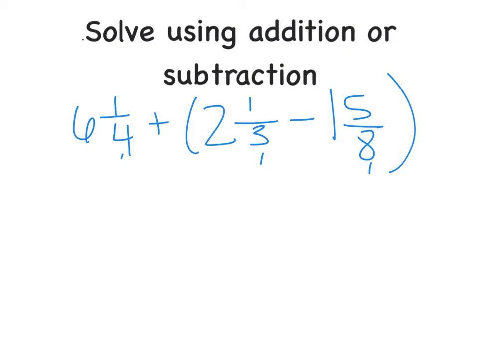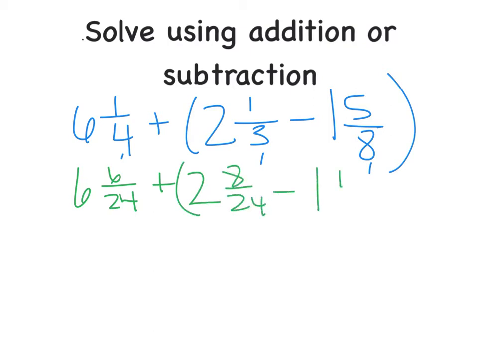So remember, when we did common multiples, we learned that you could do kind of a triple M to find a common multiple for 3 numbers. So you could use that strategy to help you find a common denominator. I know that a common denominator for 4, 3, and 8 is 24. So I'm going to go ahead and change all of these numbers into fractions that have 24 as the denominator.